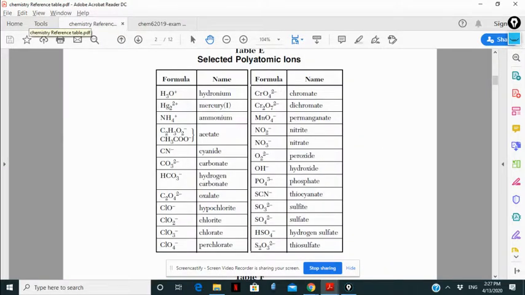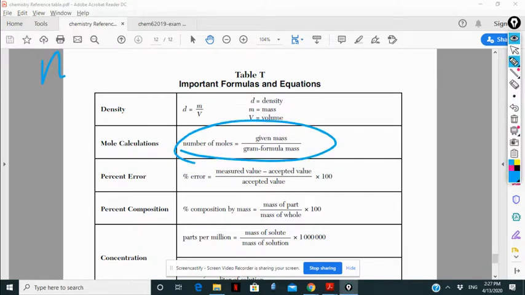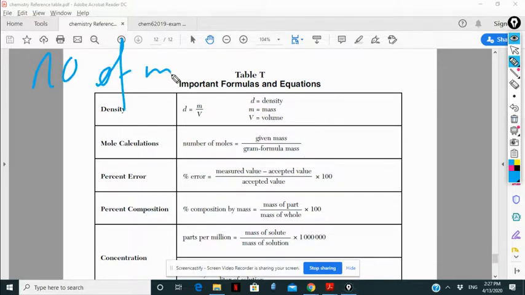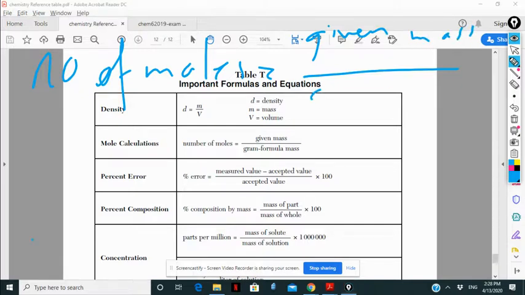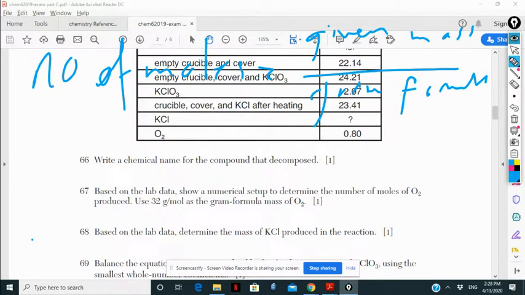If you're looking for the reference sheet, last page, number of moles equal to given mass over gram formula mass. So he's asking about number of moles and you want only the setup, so he doesn't want the answer.